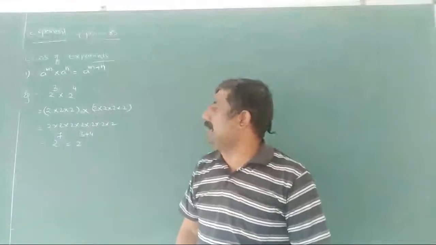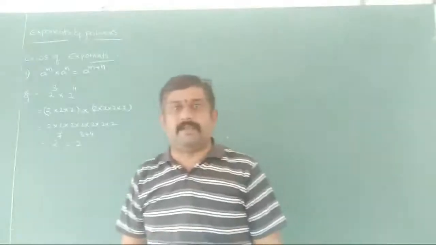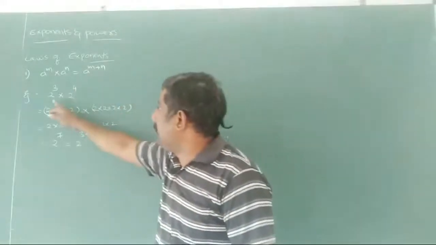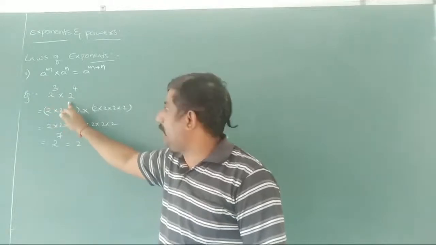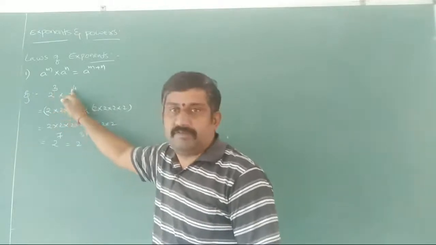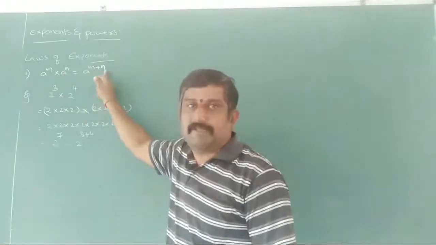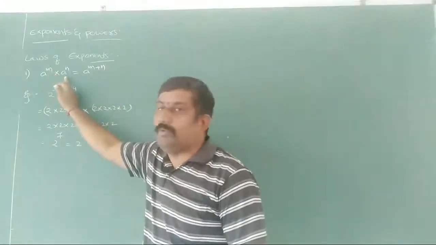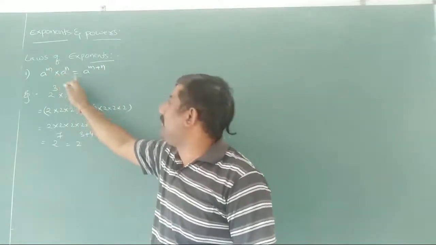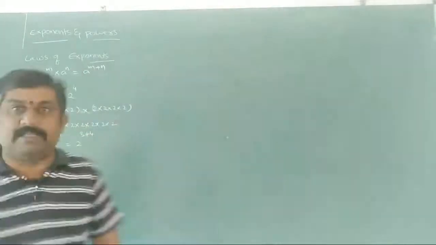That means whenever the bases are equal in a product, then we should add the powers. Since the bases are equal, we simply add the powers m plus n. So this is the first law of exponents: a to the power of m into a to the power of n is nothing but a to the power of m plus n.